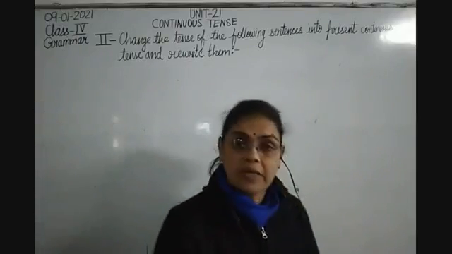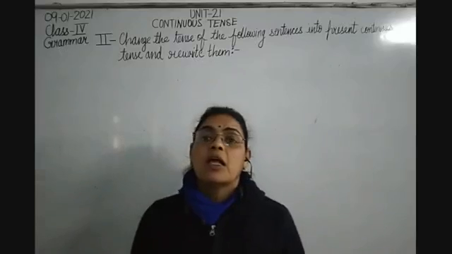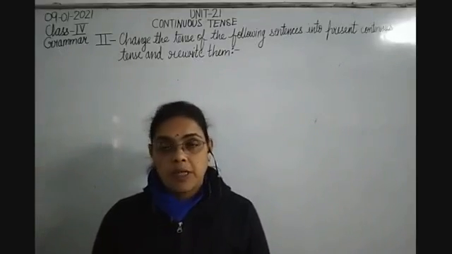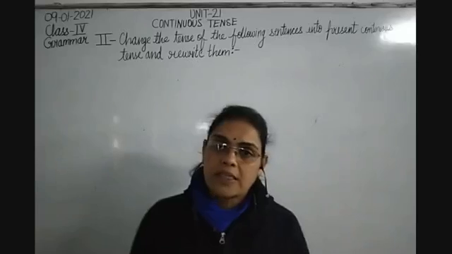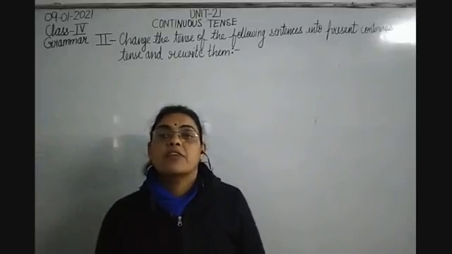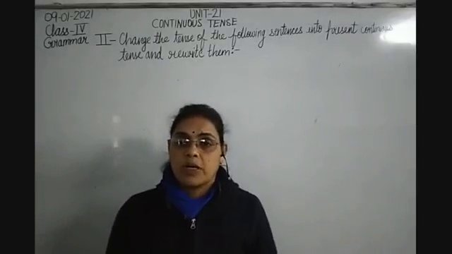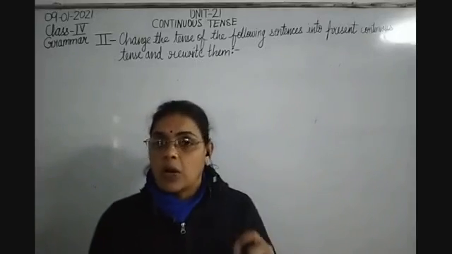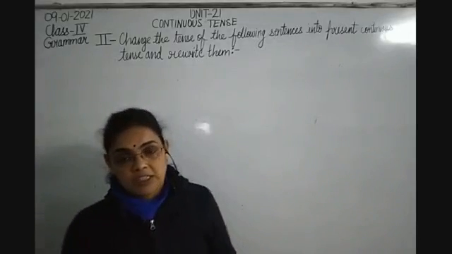Now the first one, first I'll revise the first and the second sentence which I've already done in the last video. The first one is, some people swim in the river. First of all, what you need to do is identify and underline the verb, and the verb in this sentence is swim. So please underline the verb swim, and we need to now change the verb into the ing form. तो swim का ing form क्या हो जाएगा, swimming.